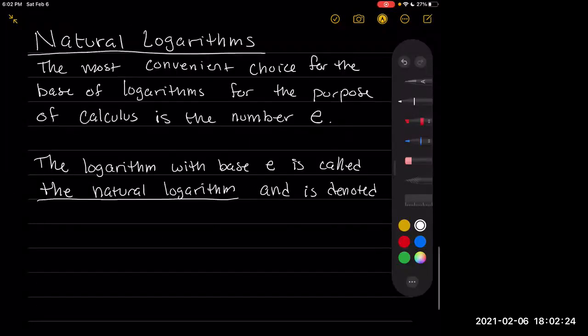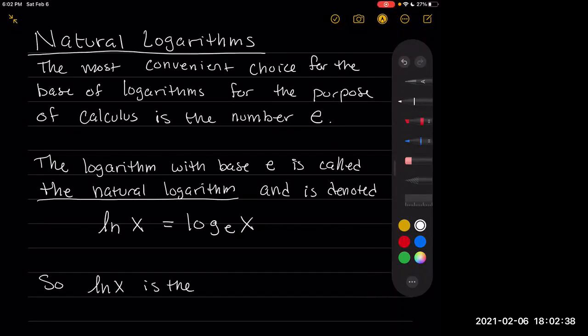So it'll look like ln of x. This is log base e of x. That also means that ln of x is the inverse of e to the x.